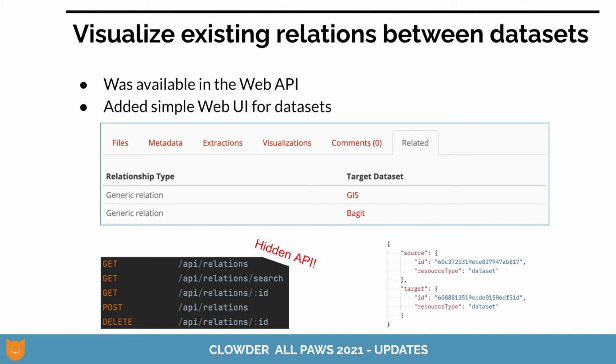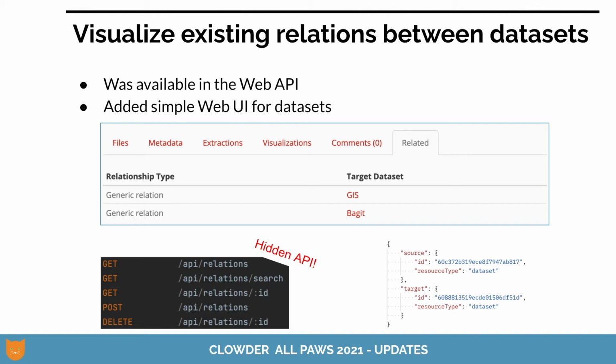So we have these API endpoints where you can post, you can see at the bottom, and get and retrieve relations. And these relations can actually be between datasets, files, URLs. In this case, we just show on the right the payload of the post that basically says create a link between a source and a target, and both of them are datasets. It also doesn't show that you can have an RDF type attached to the relations, which simply means that you can have a typed relation.